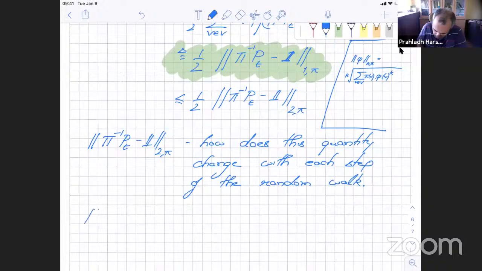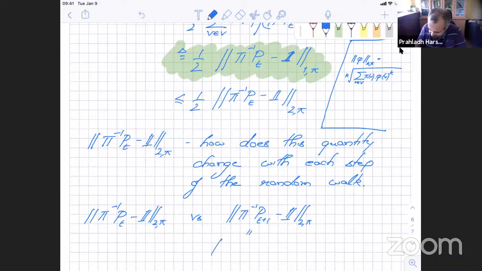I want to compare the pi-norm of pi inverse p_t minus 1 versus pi inverse p_{t+1} minus 1, where this is the same as just pi inverse W transpose p_t minus 1.